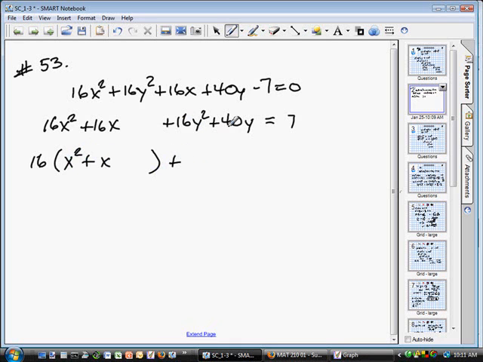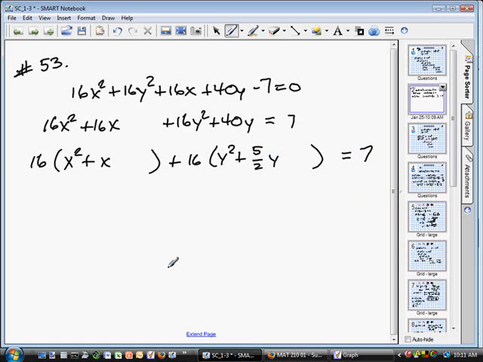Now for the y terms, we have to take out a 16 too, so we have to do the 16 thing anyway. Now we have 40 over 16, which is 5/4? No, 5 over 2, thank you. And then leave a space, equals 7.